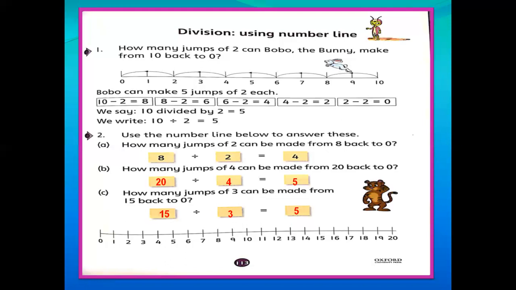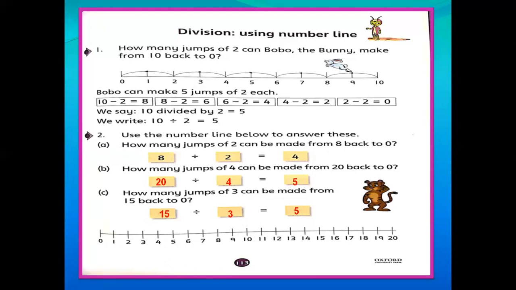In this way we can do it, but normally when we do the questions, we will do them without the number line. Just with the help of the table we can find the answer. If you know the table, you can easily do this.